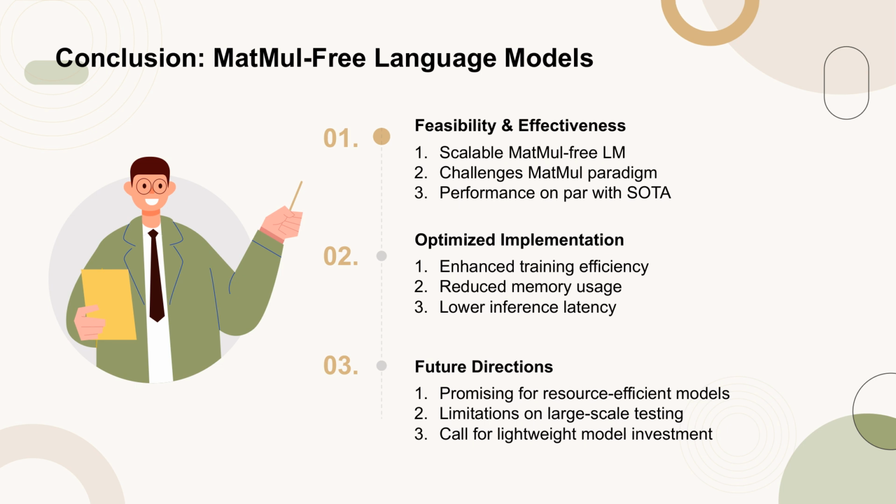The model achieves performance comparable to state-of-the-art transformers without the need for MatMul operations, thanks to an optimized implementation that significantly improves both training and inference efficiency, reducing memory usage and latency. As the demand for deploying language models on various platforms increases, MatMul-free language models offer a promising direction for creating models that are both effective and resource efficient.